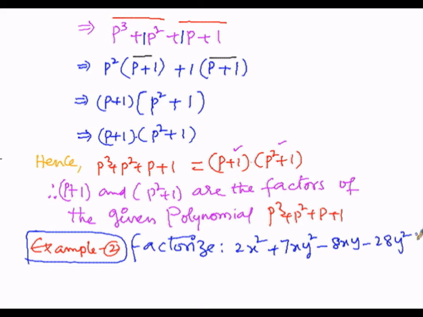So we have to factorize the polynomial which is 2x square plus 7xy square minus 8xy minus 28y square.